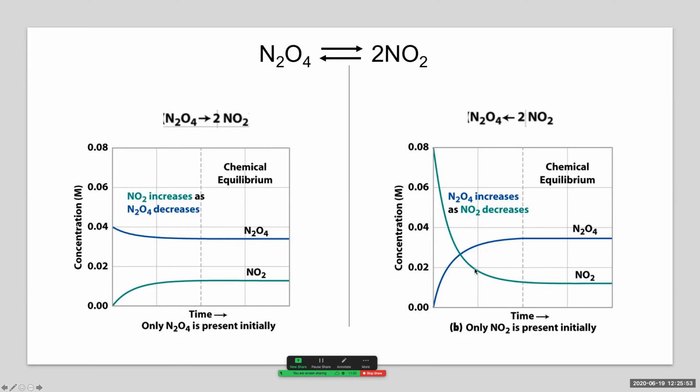But then the disappearance slows down as the concentration decreases. And the same with N2O4. We have a rapid formation of N2O4, and then it slows down until both rates slow down to the same extent so that the forward reaction and the reverse reaction are equal. And then the concentrations don't change anymore.